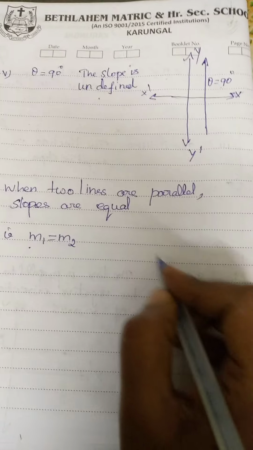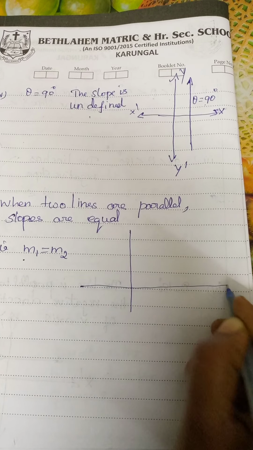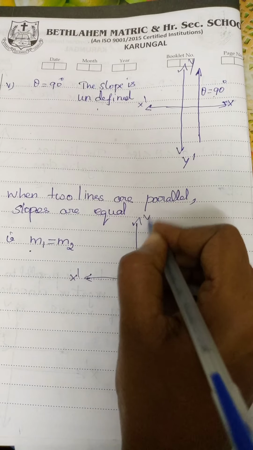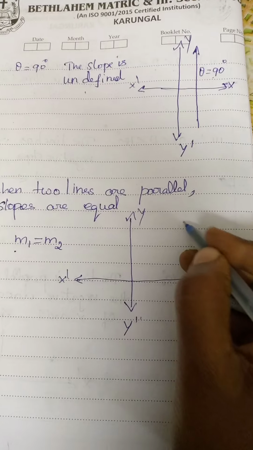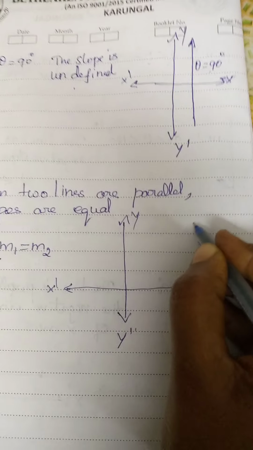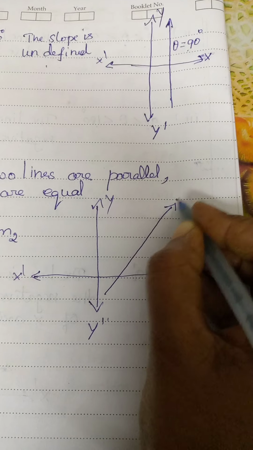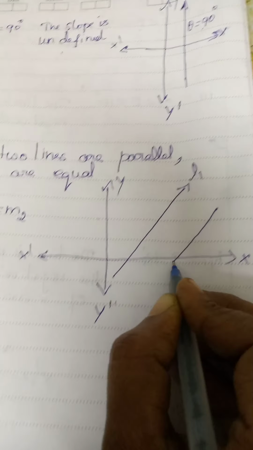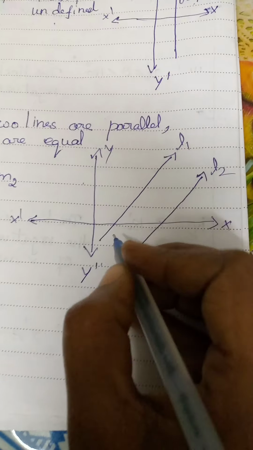Okay, consider the example. x dash, y dash. Consider two non-vertical lines. Let us name one L1 and take one more line parallel to L1, that is L2.